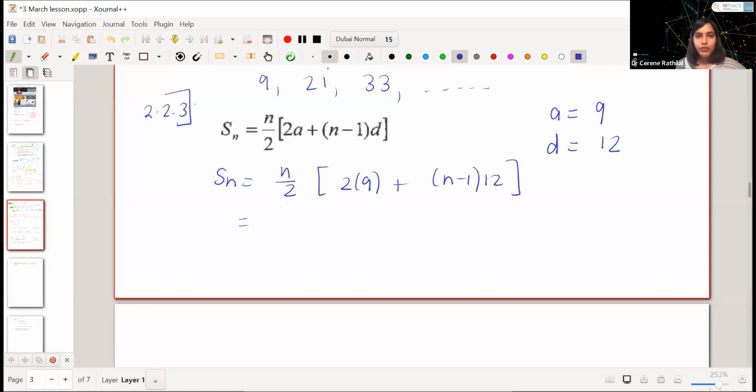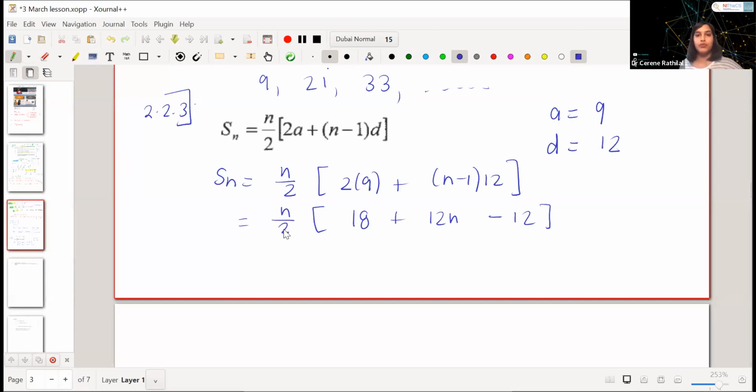Right, let's continue. So that's n over 2. 2 times 9 is 18. Now we have to be careful. You need to distribute the 12 into the bracket. So that gives me 12n minus 12. You all happy with that one? I've just realized that I meant to write 2, but I wrote n.